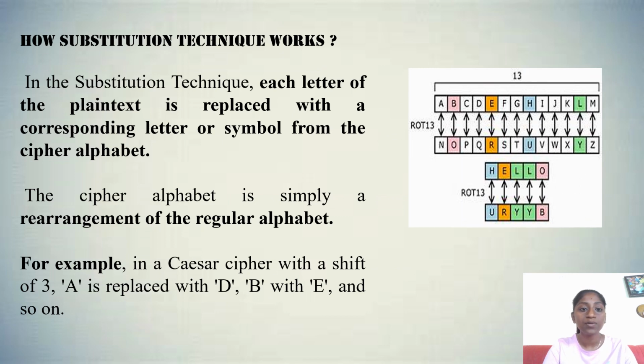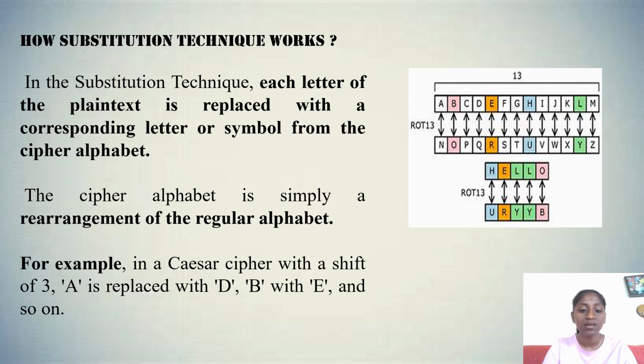Now let's look into how the substitution technique actually works. In the substitution technique, each letter of the plain text is replaced with the corresponding letter or symbol from the cipher alphabet. The cipher alphabet is simply a rearrangement of the regular alphabet.